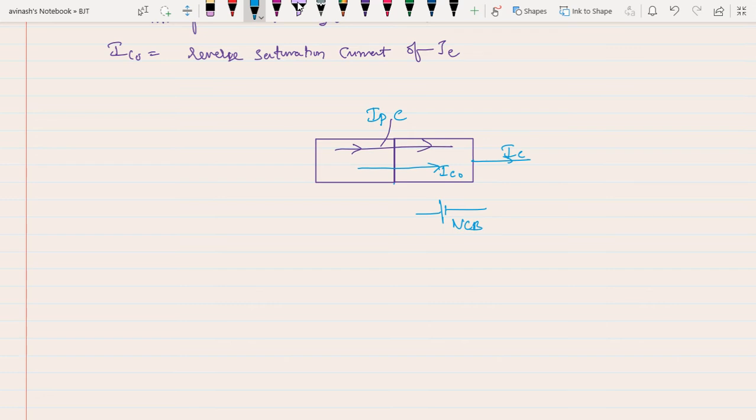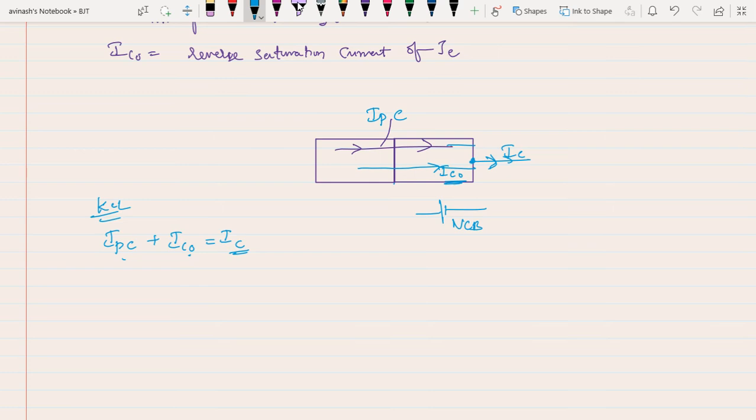For example, using KCL at this junction: IPC plus IC naught is nothing but the total IC. Both are reaching this point only. If you apply KCL at that junction, IPC plus IC naught is equal to IC.